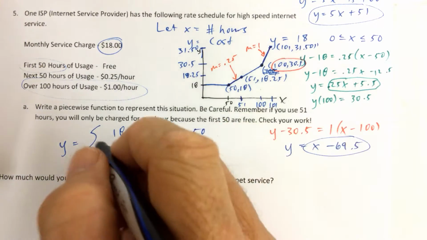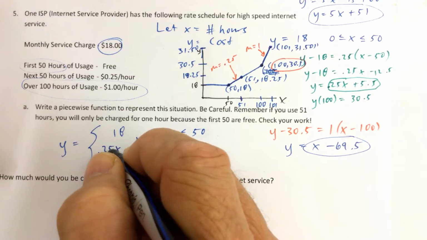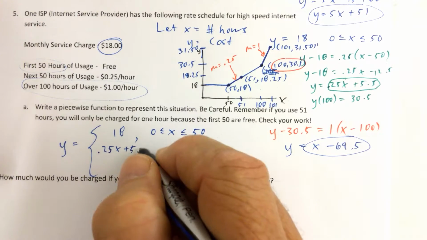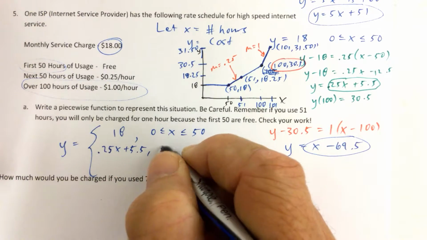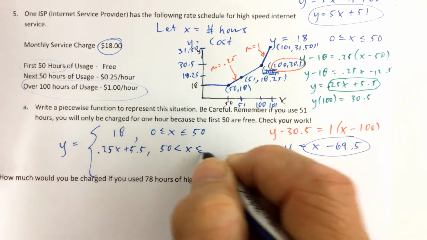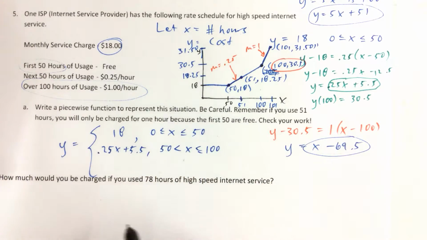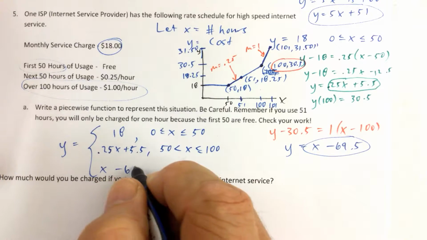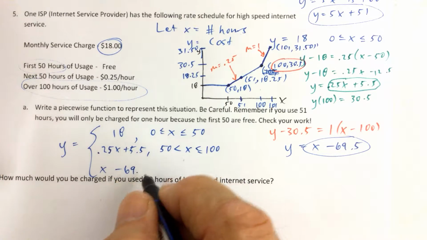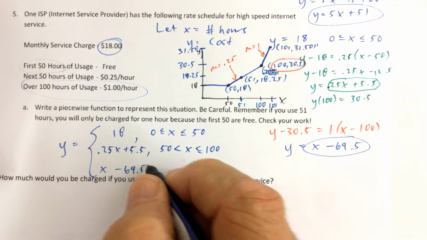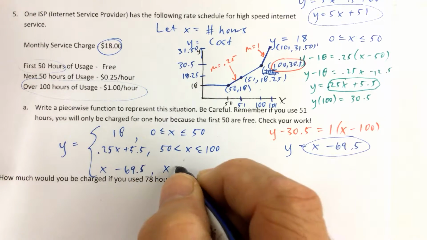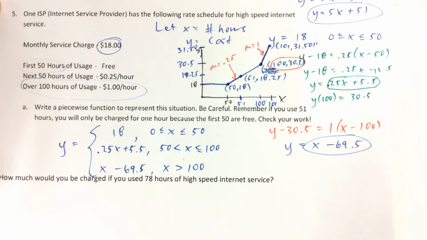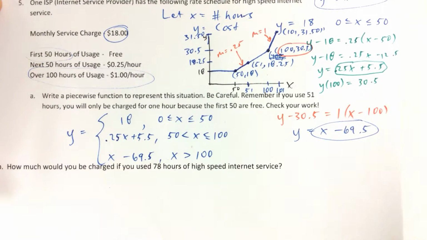Our cost is 0.25x plus 5.5, so 25 cents per hour, when x is between 50 and 100, including 100 but not including 50. And then finally, if we use more than 100 hours, the cost is x minus 69.5 when x is greater than 100. So that's quite a bit there, and if you can do that problem, I think you can do just about any problem.